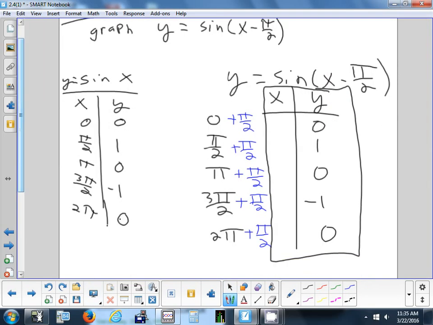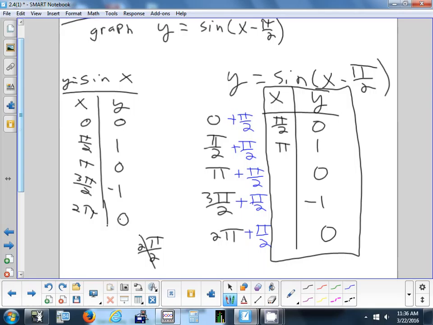What's 0 plus pi over 2? Just pi over 2. Another point for that one. What's pi over 2 plus pi over 2? Yep, 2 pi over 2, which reduces to just pi.